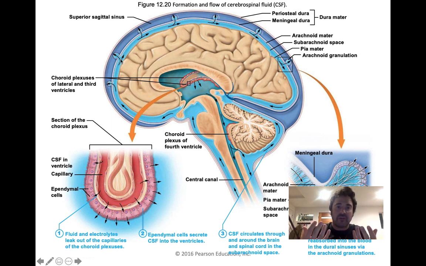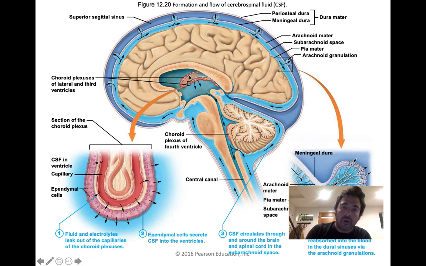And as it begins to take away bad stuff, we have to filter all that bad stuff out at some point. What reabsorbs cerebrospinal fluid back into the cardiovascular system are these little structures right here, which are folds of the arachnoid mater, referred to as arachnoid villi or arachnoid granulations.